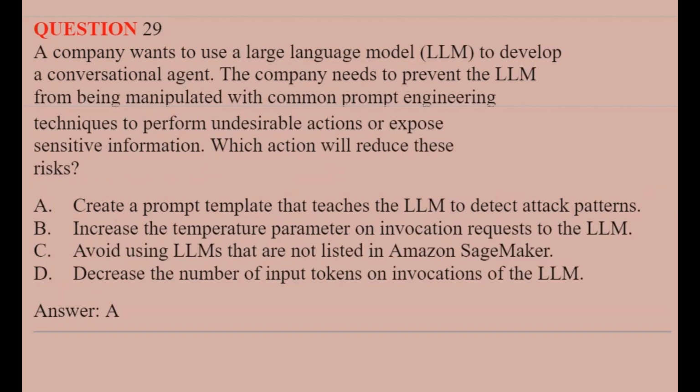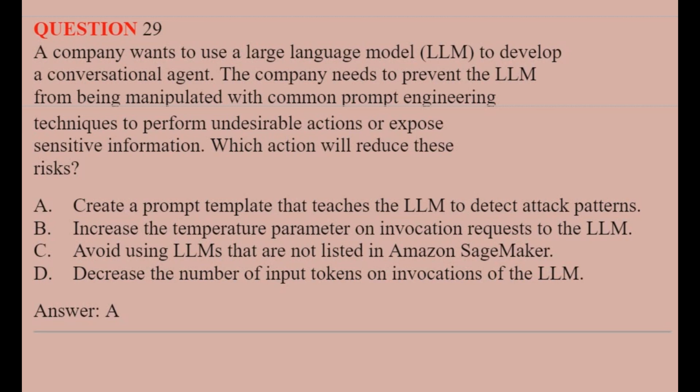Question is, a company wants to use a large language model LLM to develop a conversational agent. The company needs to prevent the LLM from being manipulated with common prompt engineering techniques to perform undesirable actions or expose sensitive information. Which action will reduce these risks?